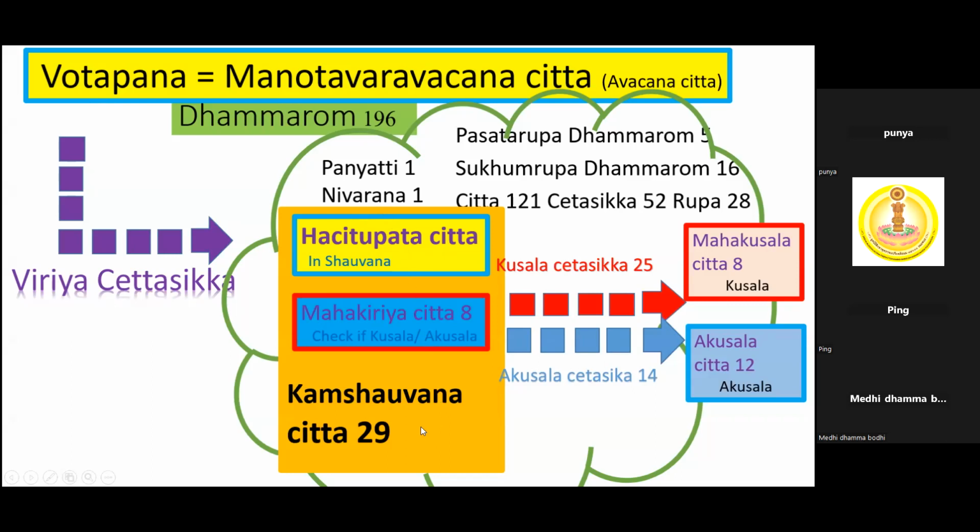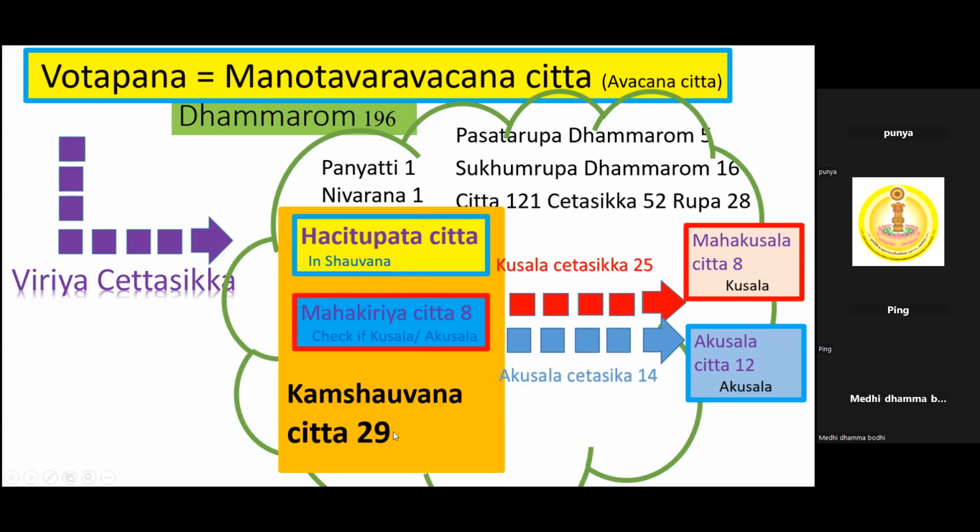And Kamma Javanachitta 29 is composed of what? Do you remember? Review that together. Akusala Chitta 12, right? And then Mahakusala Chitta 8, Mahakiriya Chitta 8, and Hasituppadachitta 1. So here is the very important role when Hasituppadachitta receives everything from Manodawara Vachanachita and conveys everything via Viriya Chaitasika here.